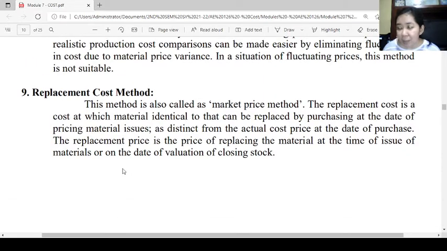For example, the materials were purchased at an earlier date and issued later on. The unit cost that will be used is the unit cost at the time of the issuance and not at the time of its purchase.